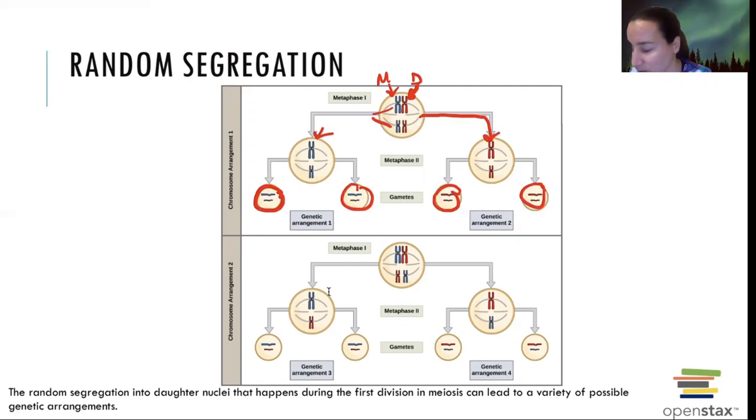So it could just as likely be this condition here, where we pull the long and the short chromosome and put them into the gametes, but the long and the short chromosome are different colors. So maybe we have one of mom's genes here and one of dad's genes here for the short one.